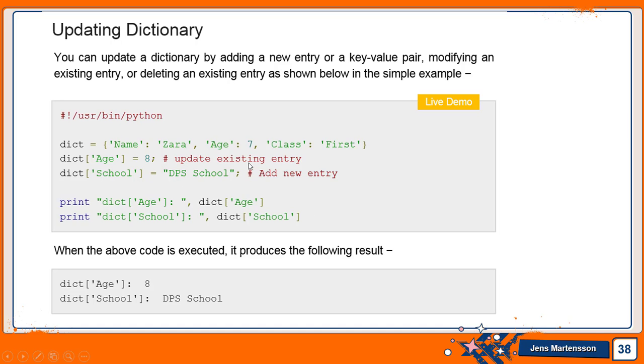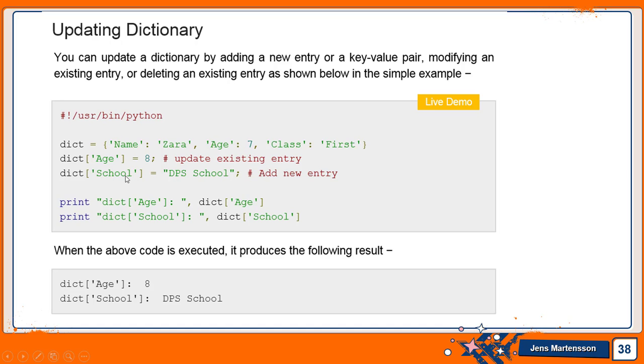You can update any existing dictionary entry by using its key. We have here the dict dictionary with this type of bracket, and put age equal 8. This will update this number to be 8.